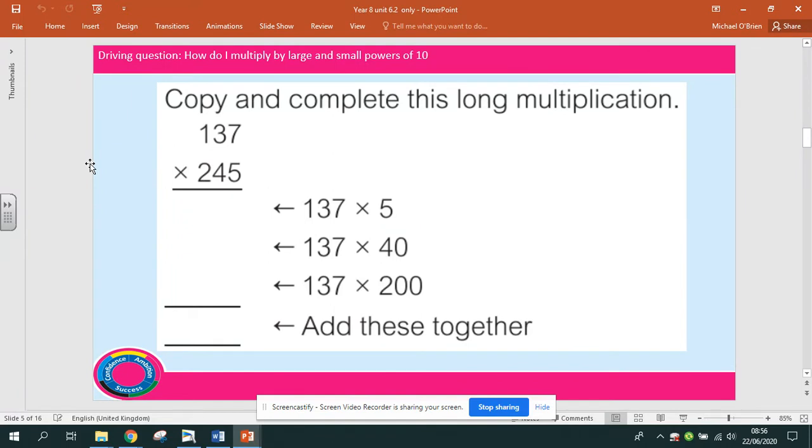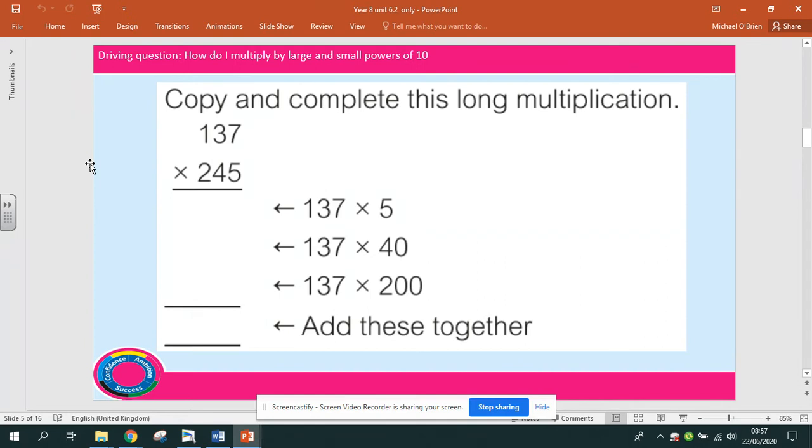Okay, so here we have a long multiplication question. What I'm going to do now is just return to my one I've already written out and talk you through it.